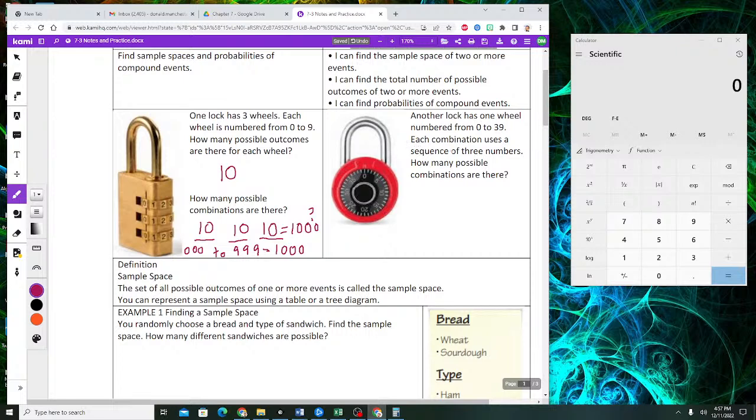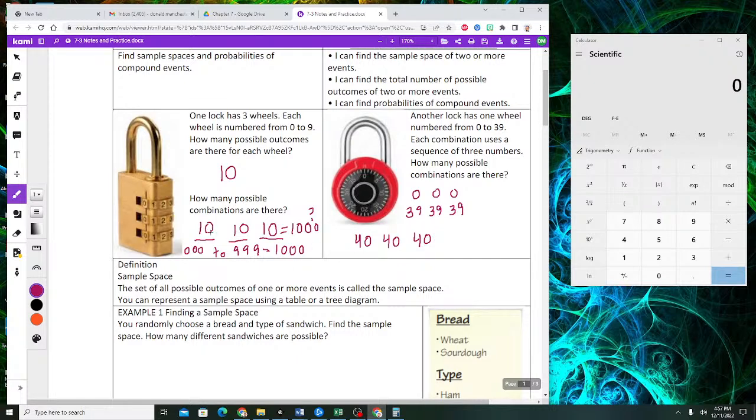Another lock has 1 wheel numbered from 0 to 39. Each combination uses a sequence of 3 numbers. How many possible combinations are there? So this one is a little bit more tricky because we could have 0, 0, 0, all the way up to 39, 39, 39. There's 40 possibilities for each number, and you've got to choose 3 of them.